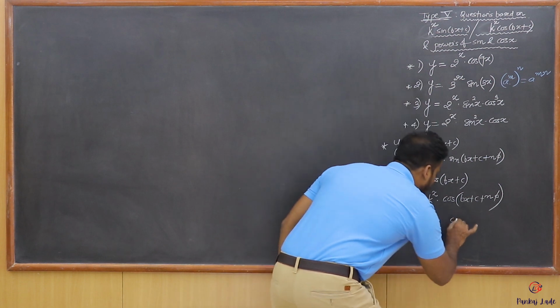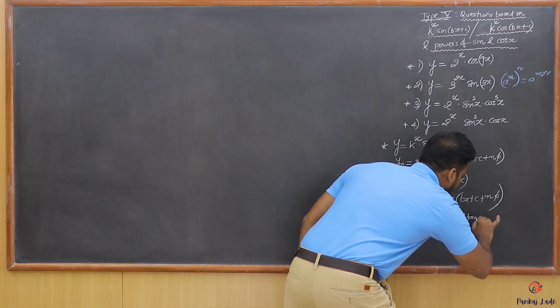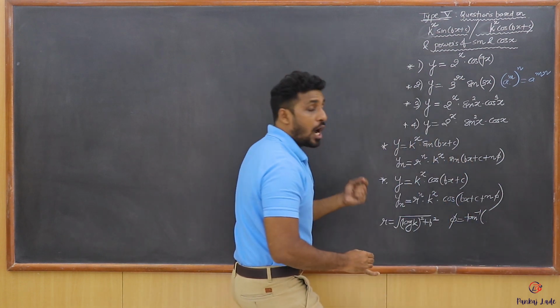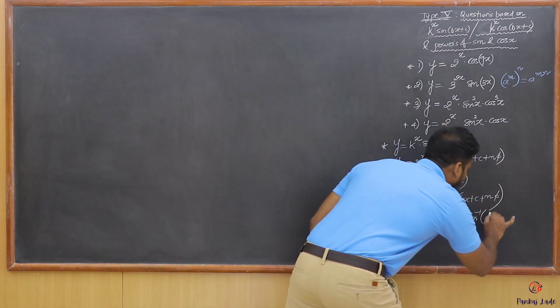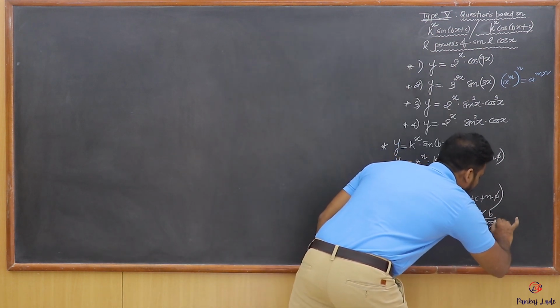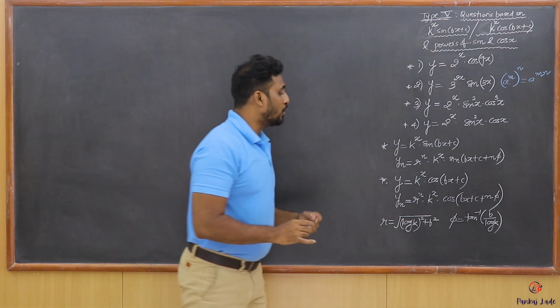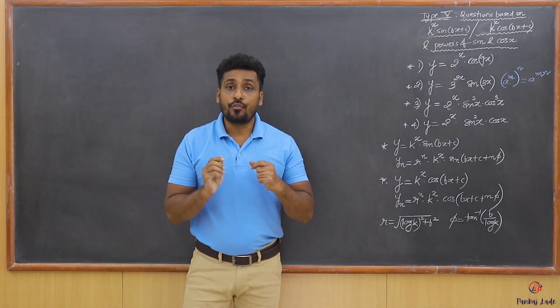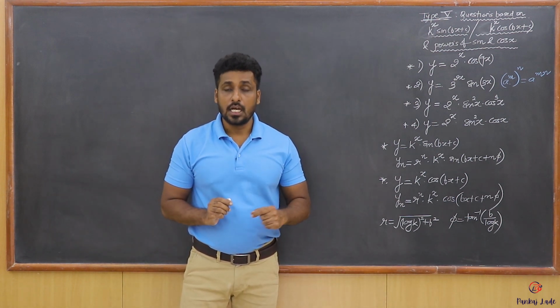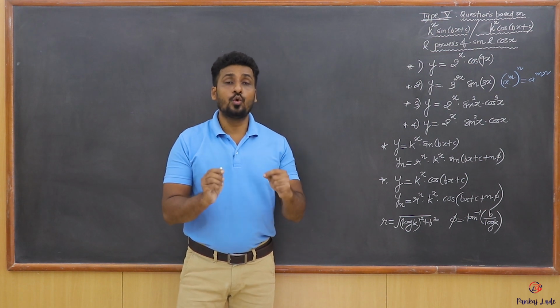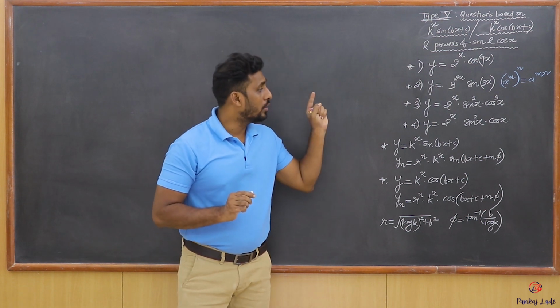So here phi is going to be tan inverse of b upon a, which is log k. So b upon log k is what I'll be getting. So that's the value of r and phi. So these are the two formulas, students. Now we are in a position to begin with the third question.